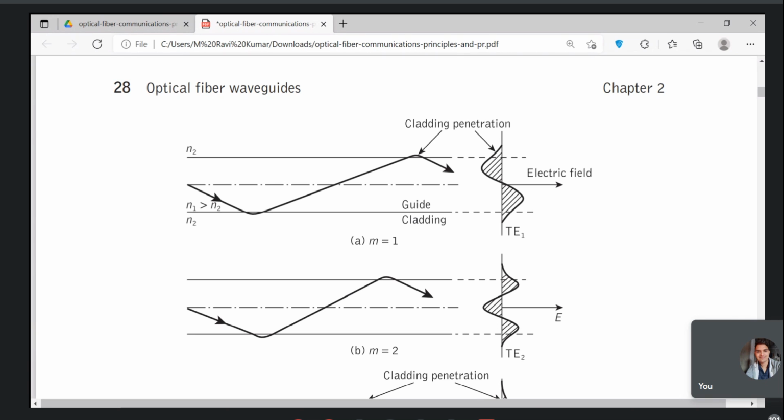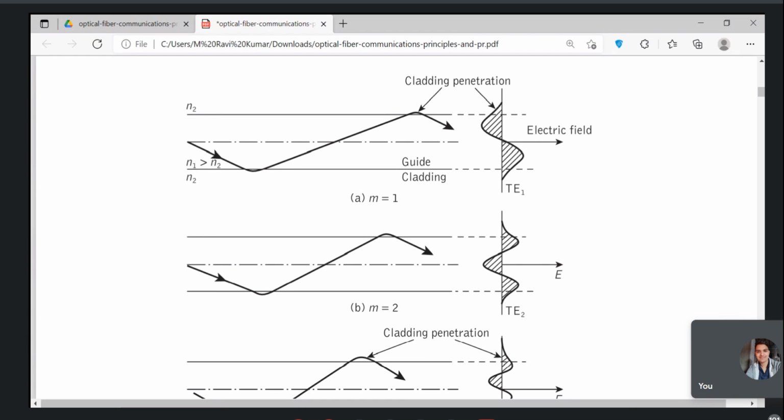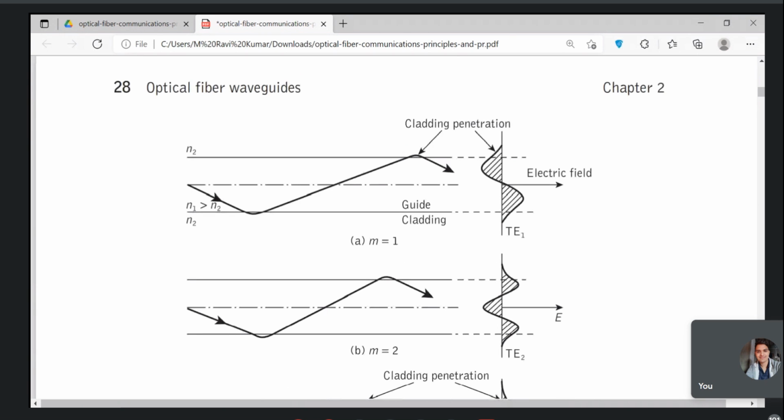So yesterday I mentioned the transverse electric modes, right? These are different modes which can propagate in an optical fiber. What is referred to as the guide is the core, and we have the cladding, and this particular mode is present on both sides of the axis.